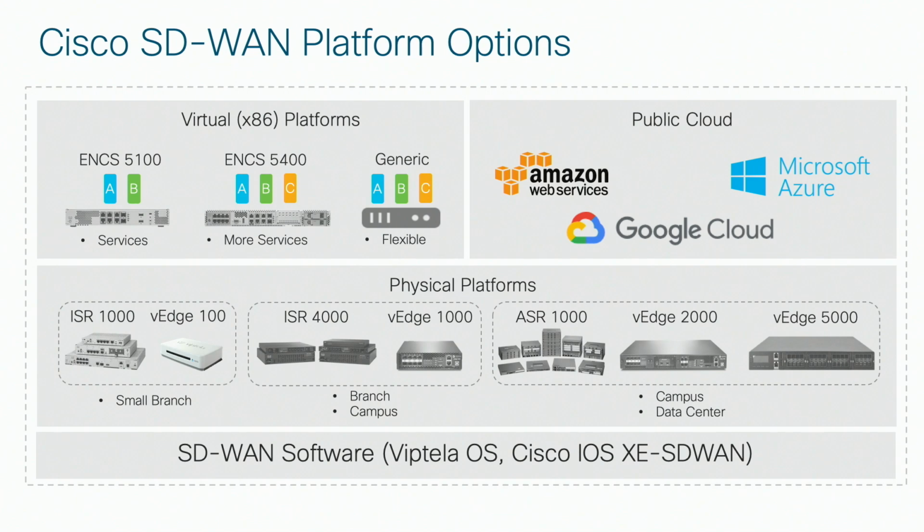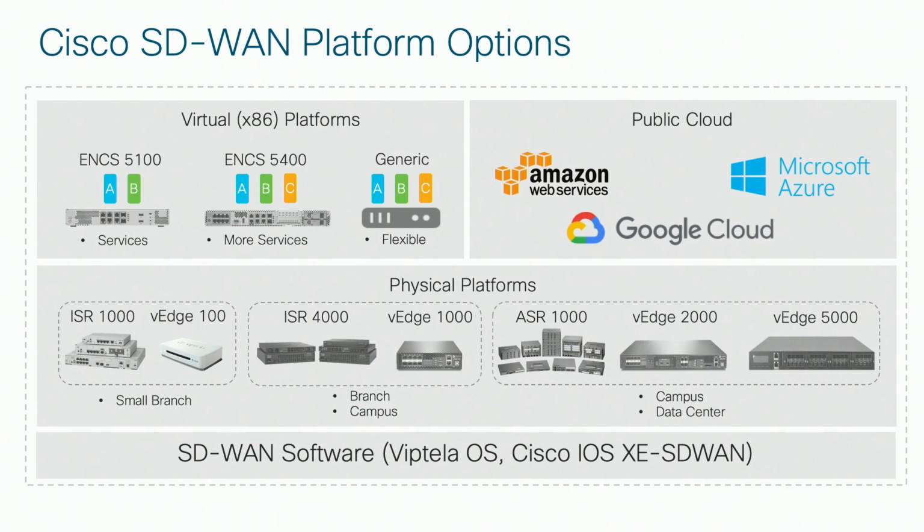For some of our customers that want to deploy this in a completely virtualized form factor, they're free to deploy our software on any x86 platform, or on our ENCS platform, which is Cisco's gray box solution. It's an x86 platform, which is also a router, has management on it, and runs a KVM-based hypervisor.